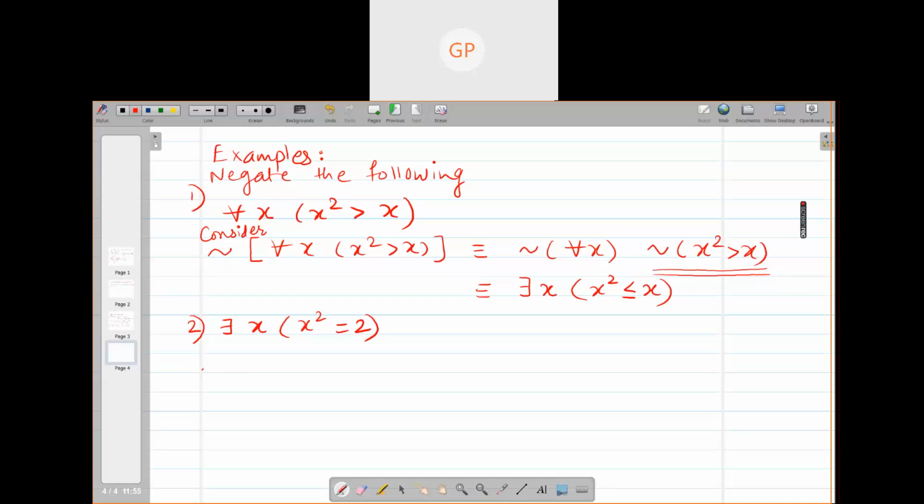So, what will be negation of this? It will be negation of there exists x and negation of x square equal to 2. So it will be for all x, x square not equal to 2. Correct, correct.